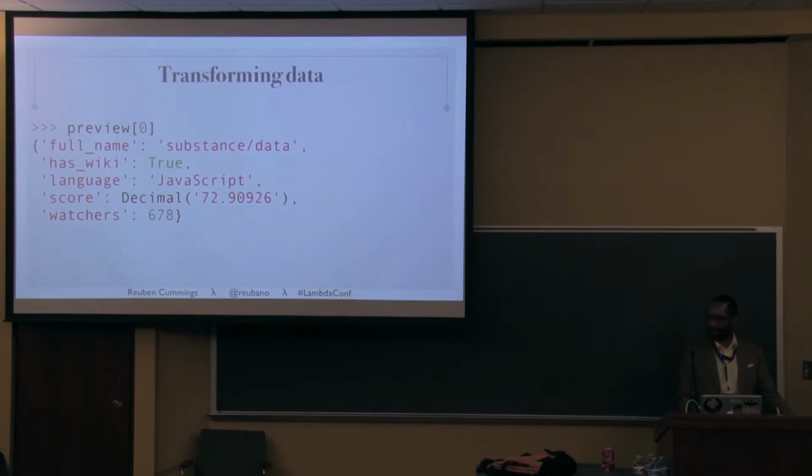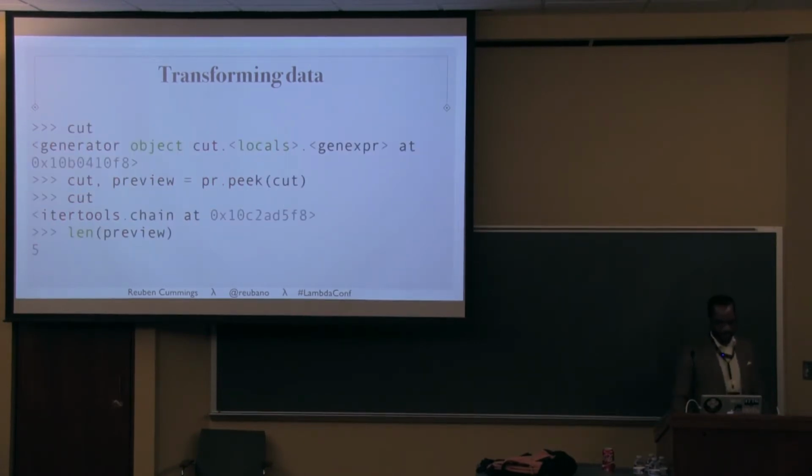Yep. Any questions? What's the difference between a chain and what you started with? If you really think about it, they're the same thing, just with different names. Chain is essentially one generator followed by another generator.